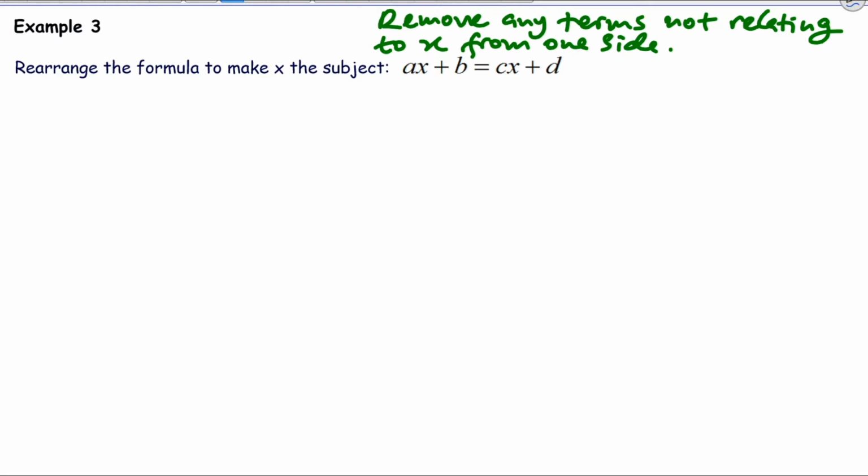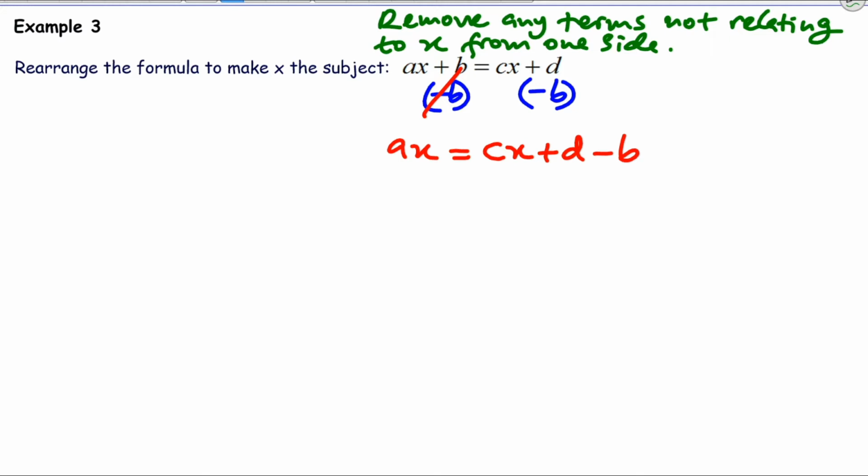So subtract b from each side. So b minus b will be equal to 0. So you'll have ax equal to cx plus d minus b.